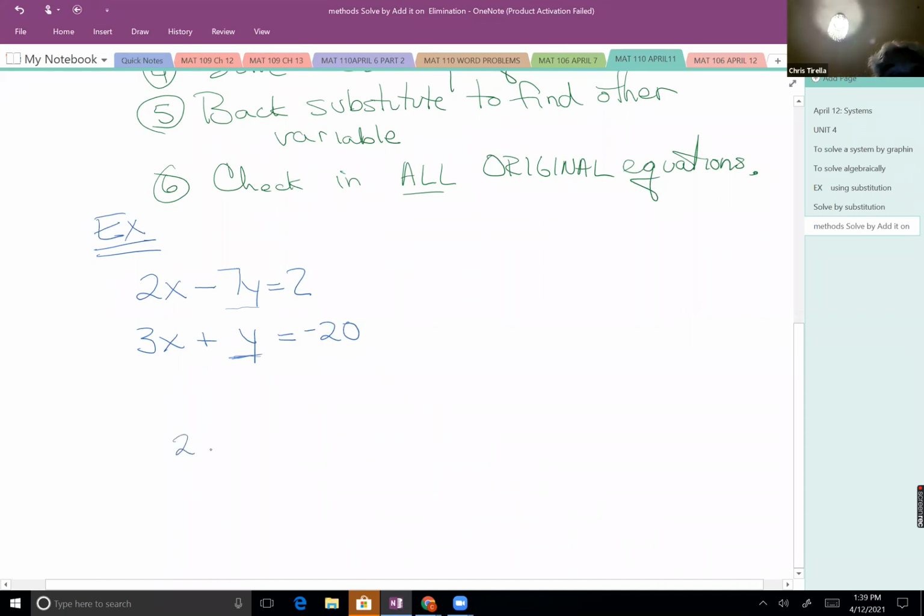Well, I'm going to take that first equation and just leave it alone. Going to keep that as 2x minus 7y equals 2. But now that second equation, I'm going to multiply both sides by 7.